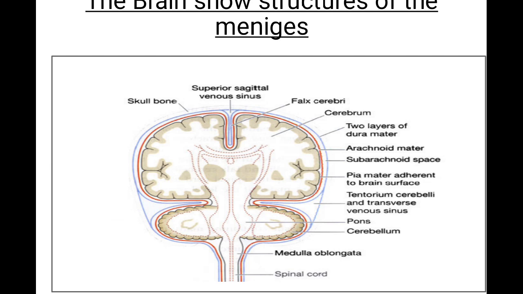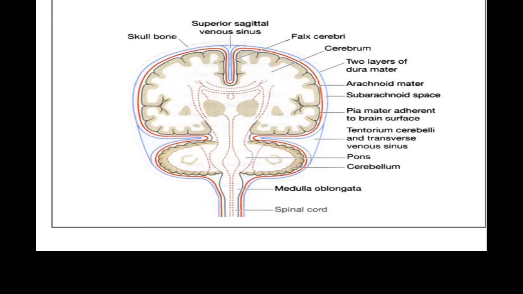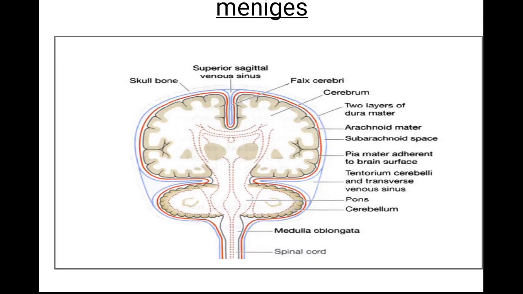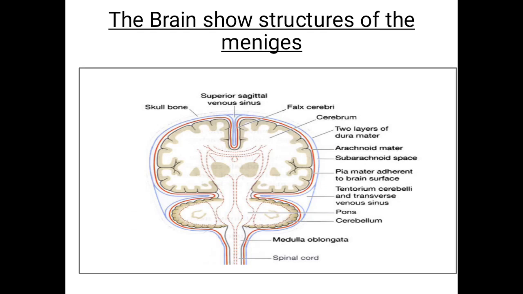Let's say I've got the pons there, the cerebrum, and the medulla oblongata. Just down there I've got the spinal cord. So this is the structure of the brain showing the meninges.